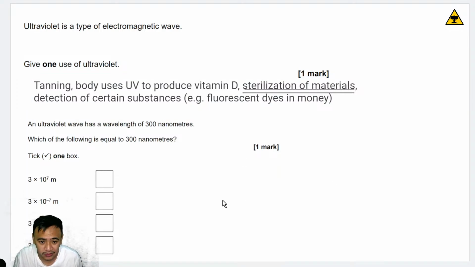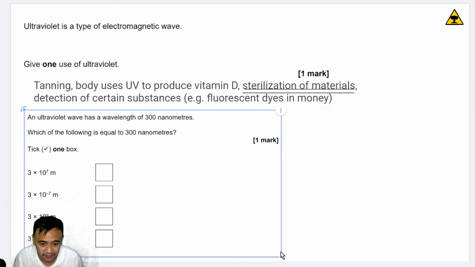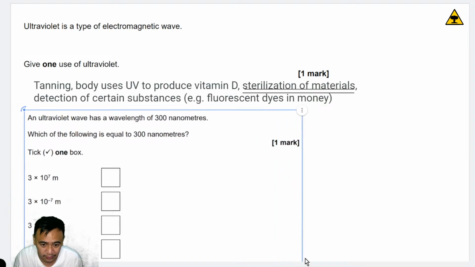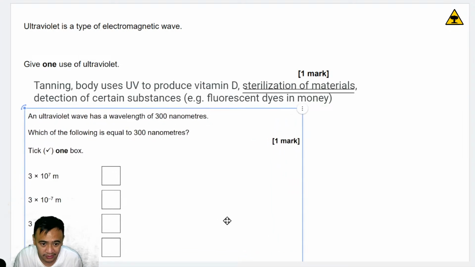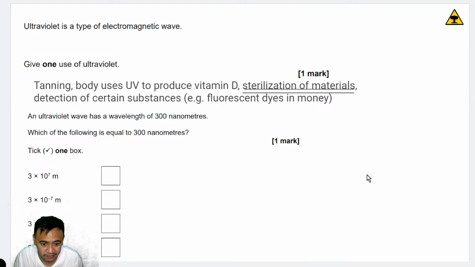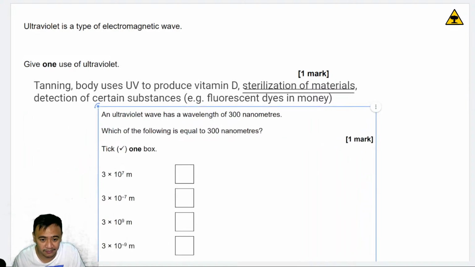So here we have an ultraviolet wave given that it has a wavelength of 300 nanometers. Which one is 300 nanometers? Your screen is only showing half the page, that's why I can't read. Oh, okay, hold on. Okay, there.